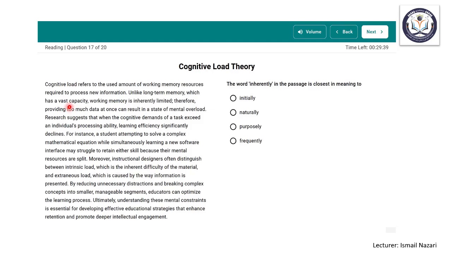Long-term memory has a vast capacity, so working memory is naturally limited. If we go with logical replacement, if you replace naturally with inherently, it will give the same point. That's what we have as the vocabulary question.